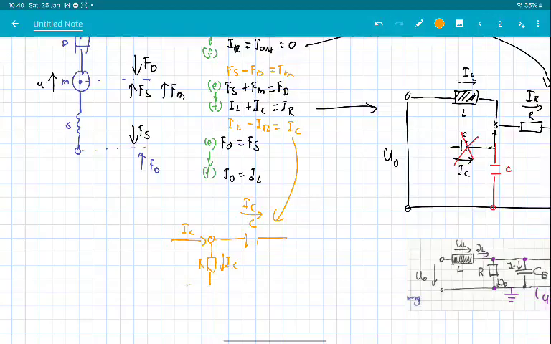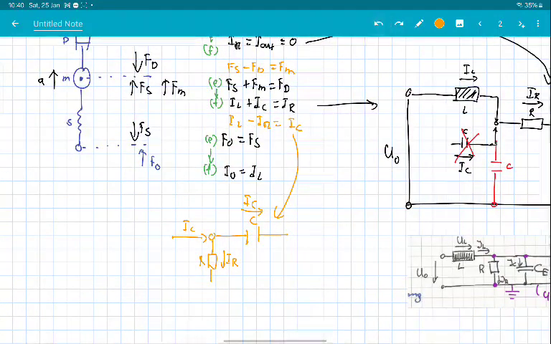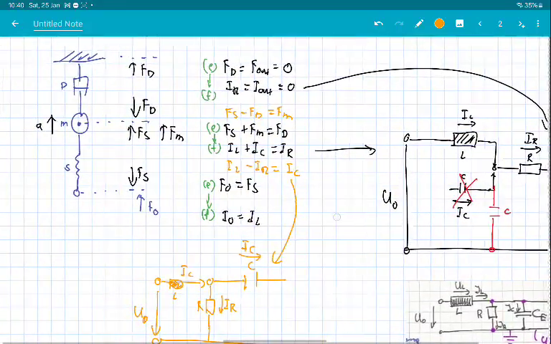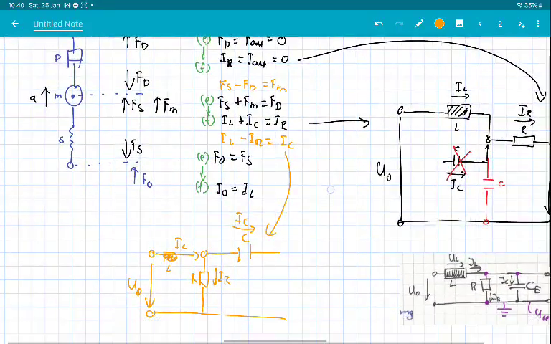So then when we know that our IL was equal to our I0, we draw L, and we put something like this, and here you have your U0, U in. And we know from the top that our IR is no longer equal to IR; our Fm is our F out now.